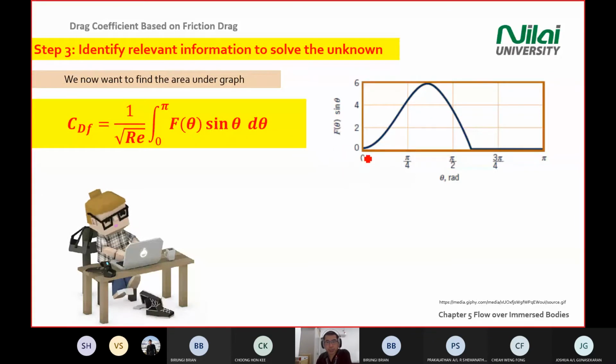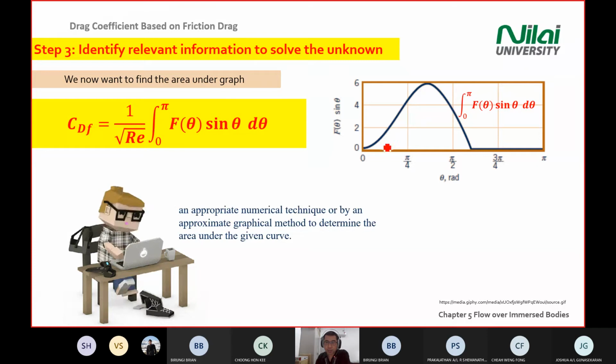What happens if it's 0 radian? What happens to your f sine theta? So you find the relationship between these two. This graph is the integration of f theta sine theta d theta, so this integration gives you the area under the graph.